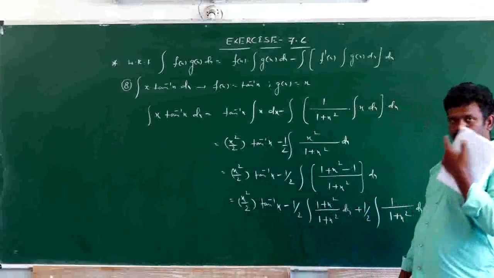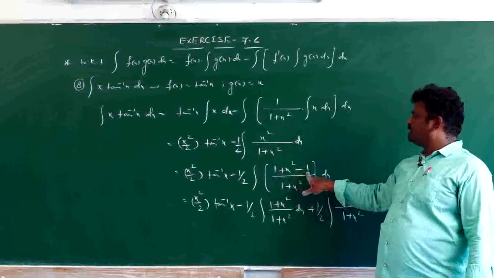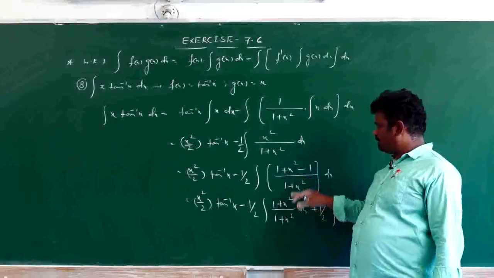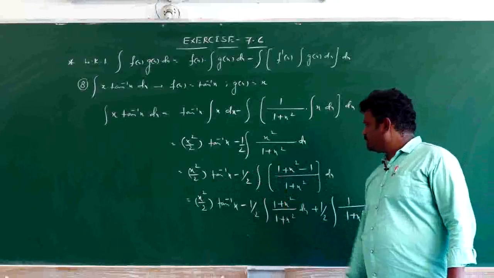The denominator is 1 plus x square, so that's why we add and subtract 1. Now if you separate the integration, 1 plus x square by 1 plus x square minus 1 by 1 plus x square, minus into minus becomes plus.